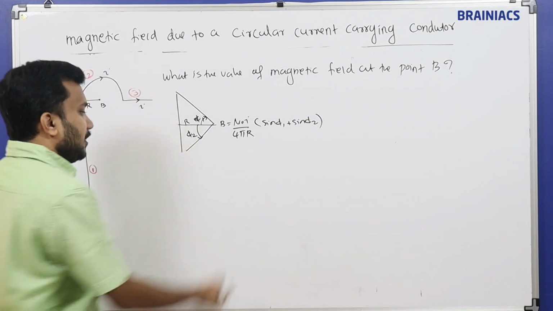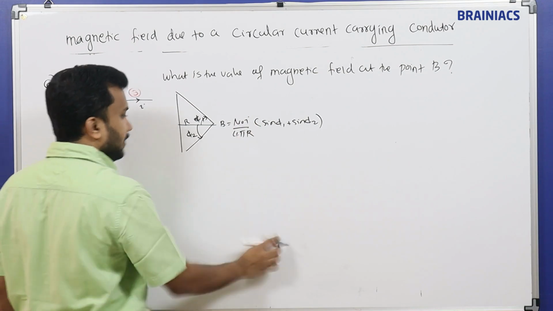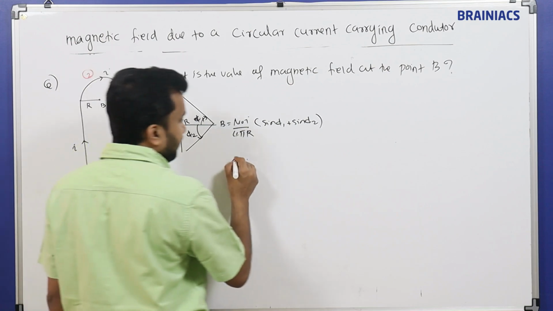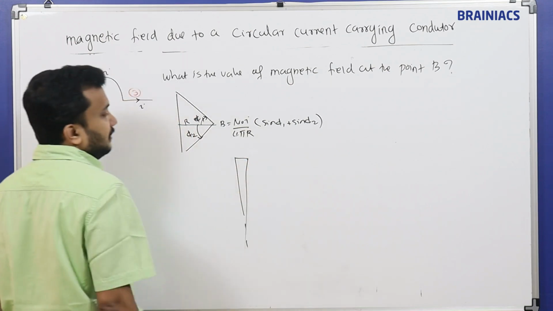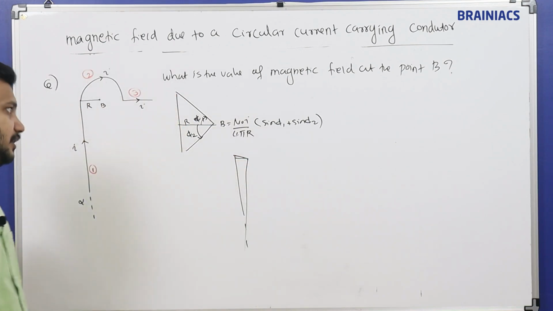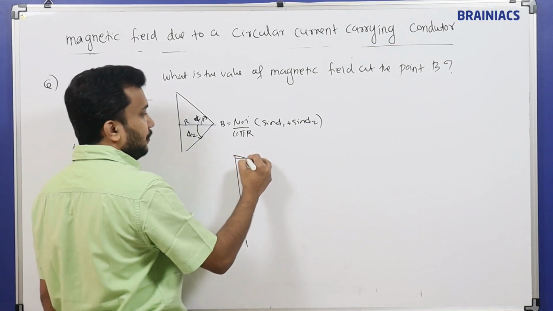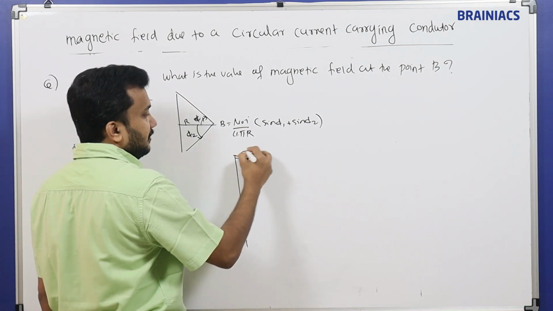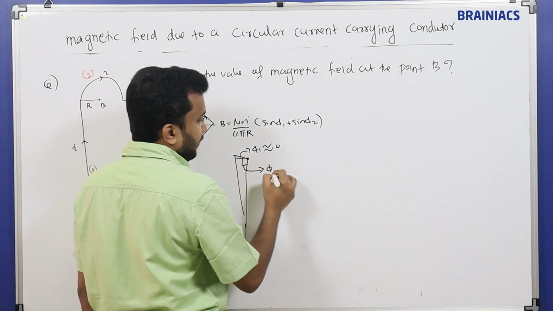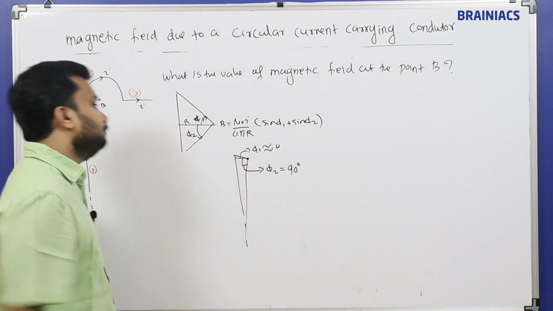We have also seen that if the conductor is infinite and I am going to find the magnetic field at one side, we have 2 options here. Here phi 1 is approximately equal to 0 and phi 2 is approximately equal to 90 degrees because it's going to infinity.